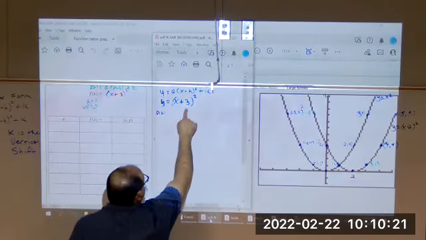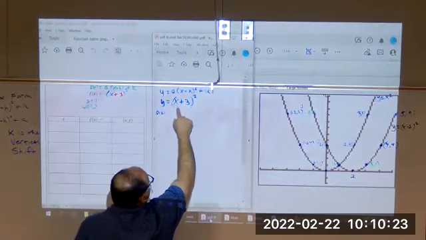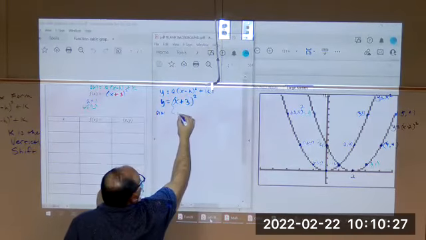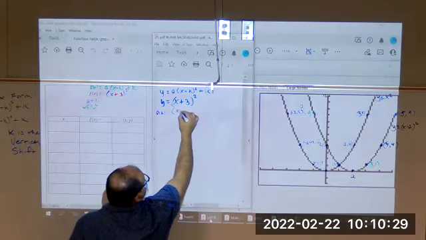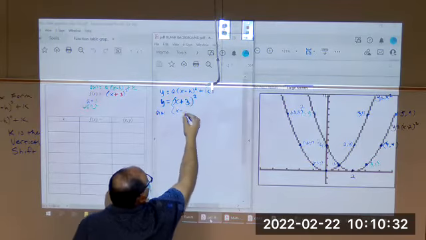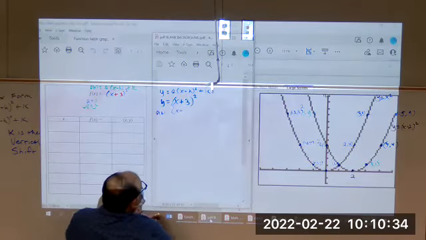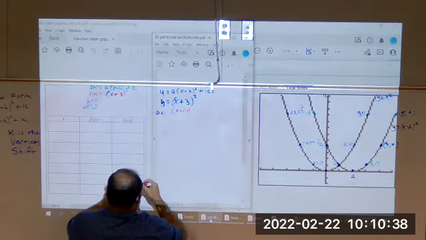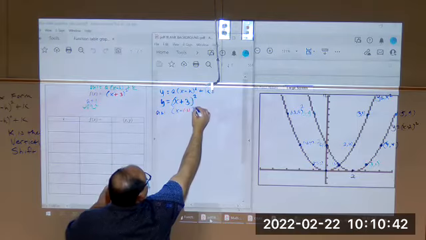This is h. Now, the only way to get x plus 3 inside that parentheses is for it to be x minus, because it's a filled-in negative, and then the h itself is a negative 3.